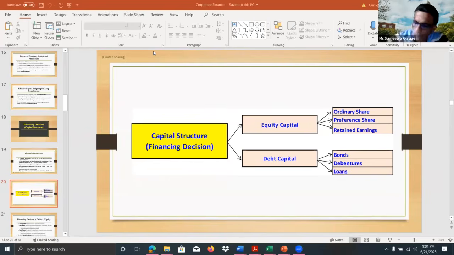You know very well this debt to equity ratio. Is there a debt to equity ratio that can be recommended for all organizations as the best debt to equity ratio? Is it possible? That is not possible, because the capital structure depends on the terms and conditions that we have to comply with when we obtain various types of capital.